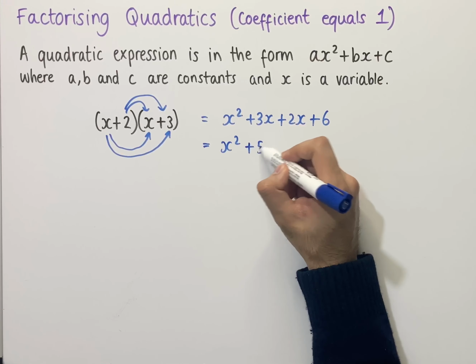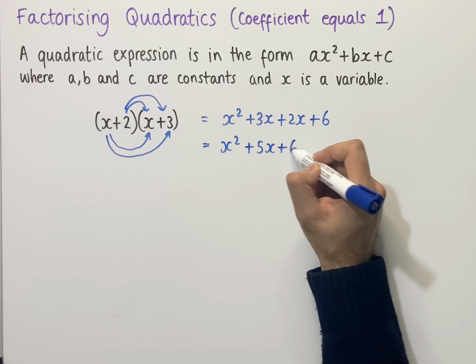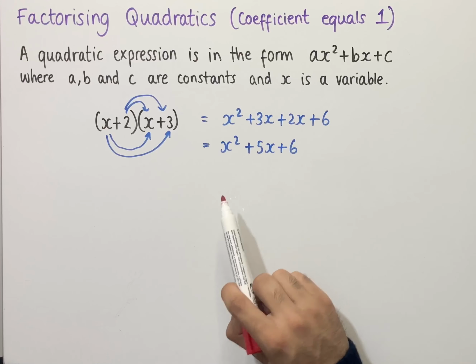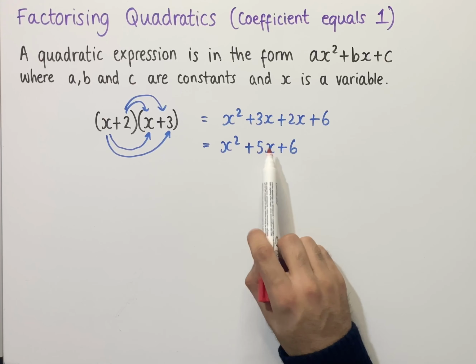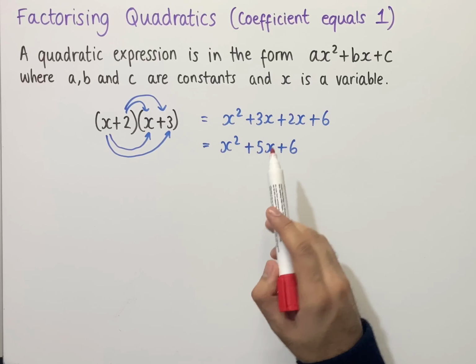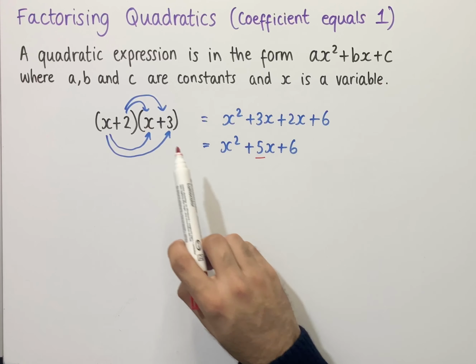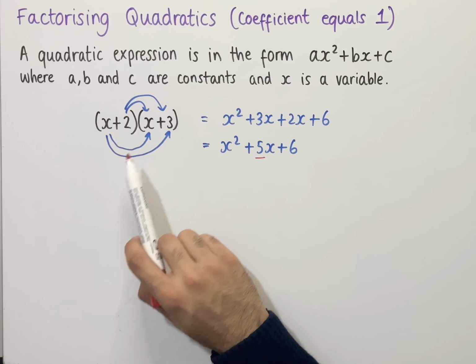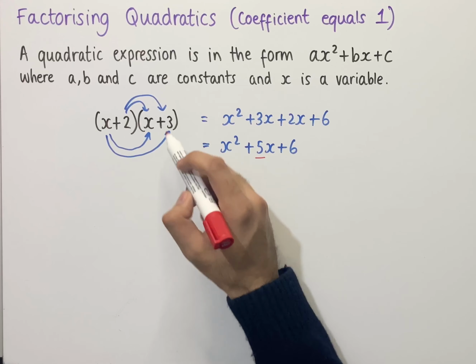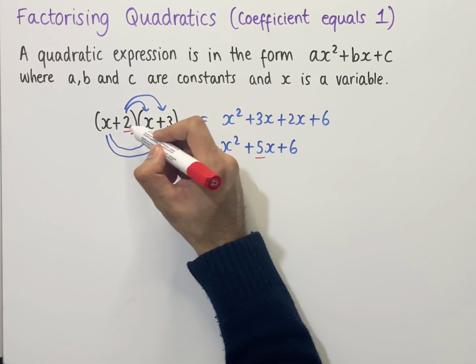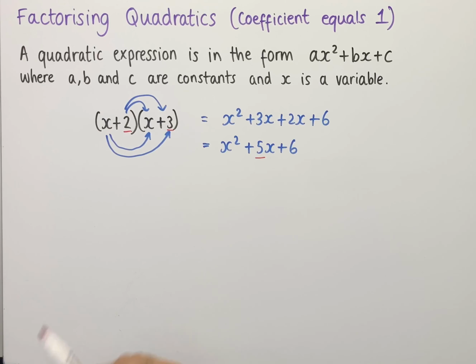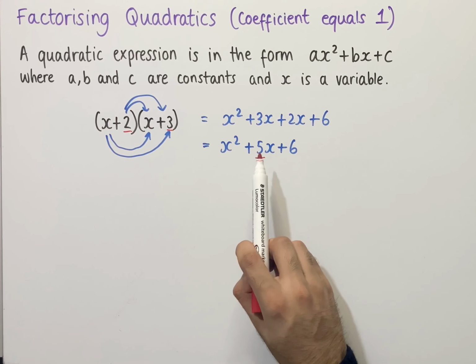And so if we collected like terms, we would end up with x squared, and then 3x plus 2x gives us 5x, plus 6. If we look at the quadratic expression that we have, and we look at the term in the middle, the coefficient of x here is equal to 5. And looking at the numbers within the brackets, we see that there's a nice relationship between the two numbers here, 2 and 3, in that 2 plus 3 gives us 5.